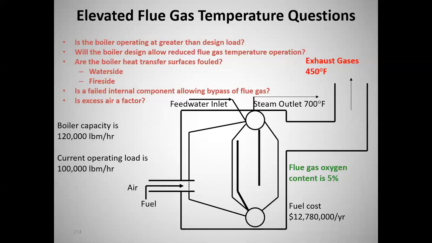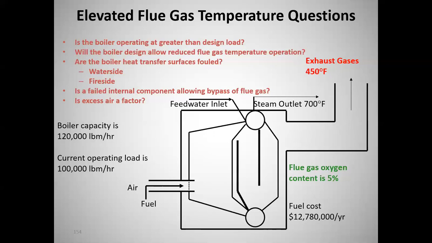When they do the boiler inspections every year, do you have any failed internal components where the flue gases are bypassing the heat transfer surfaces? And is excess air a factor? Remember, we said if you put too much air in, you will tend to drive the stack temperature up, because you drive that radiant temperature down around the fireball and the radiant exchange goes down.